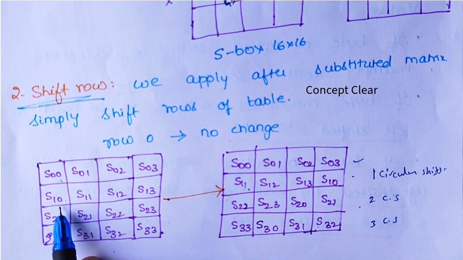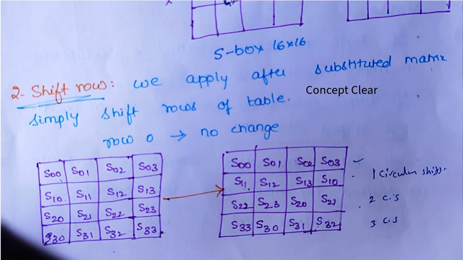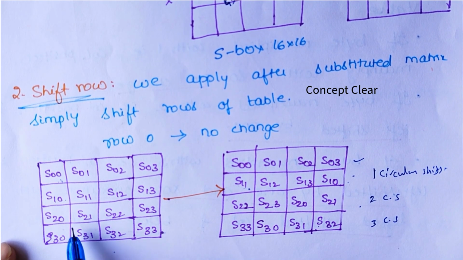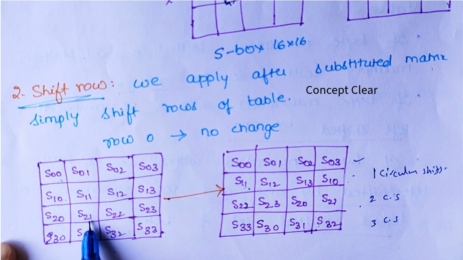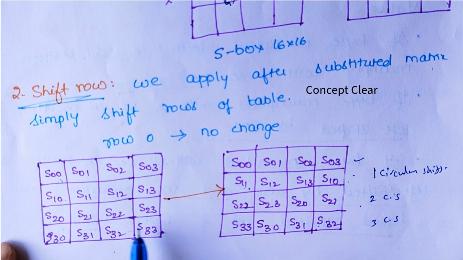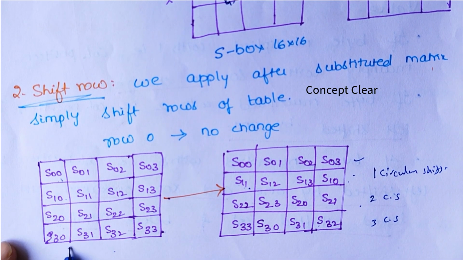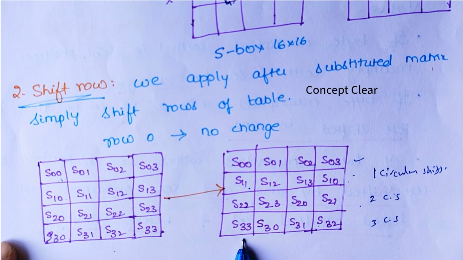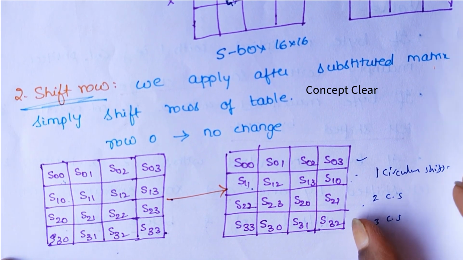With two circular shifts, S20 and S21 are shifted to the right side, so S22 comes first, then S23, then S20 and S21. With three circular shifts, S33 comes first and then the remaining S30, S31, S32. This is about the shift rows operation.